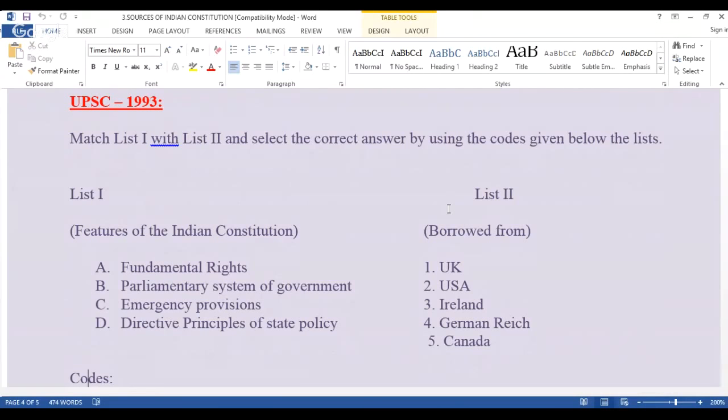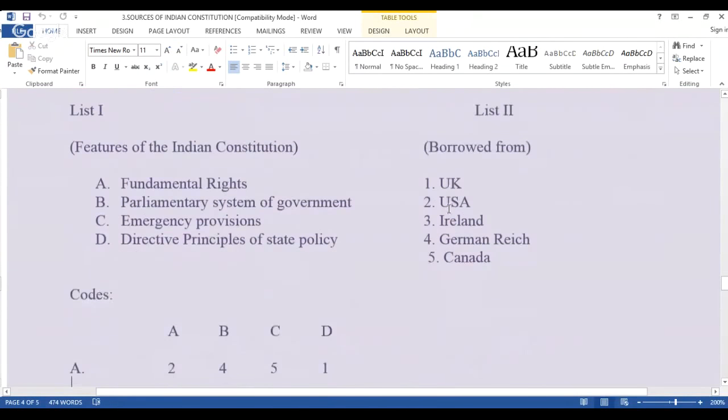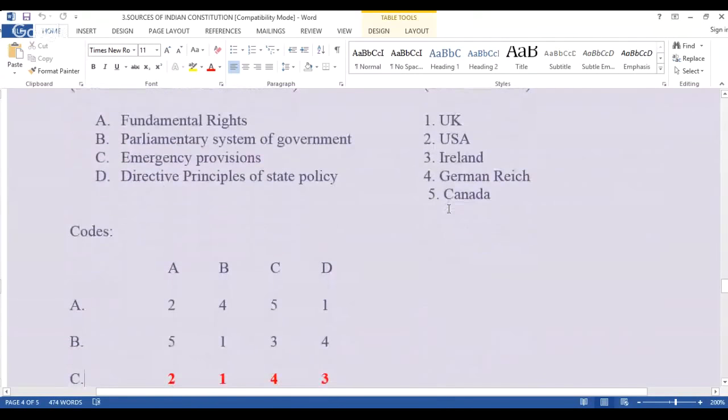Yesterday we discussed every point very elaborately. Right? Now, so you might have matched. See here, if you are matching correctly, that's fine. Otherwise, if you could not match correctly, now rectify yourself. I'll show you the answer now.